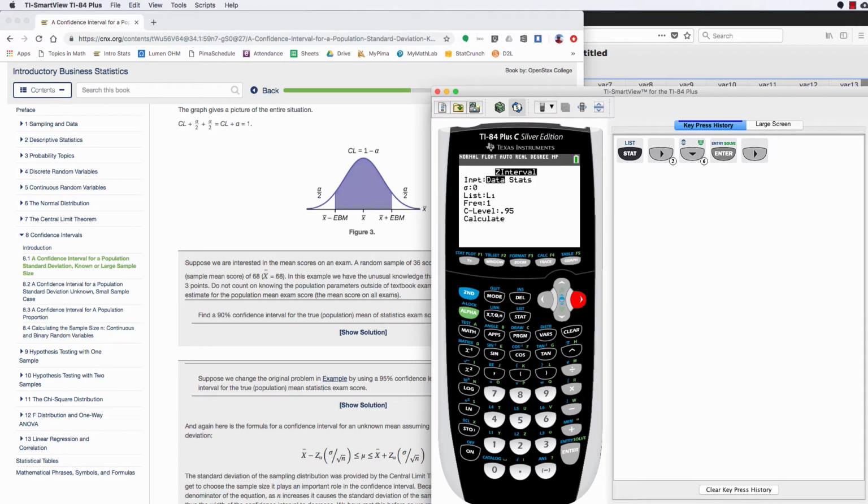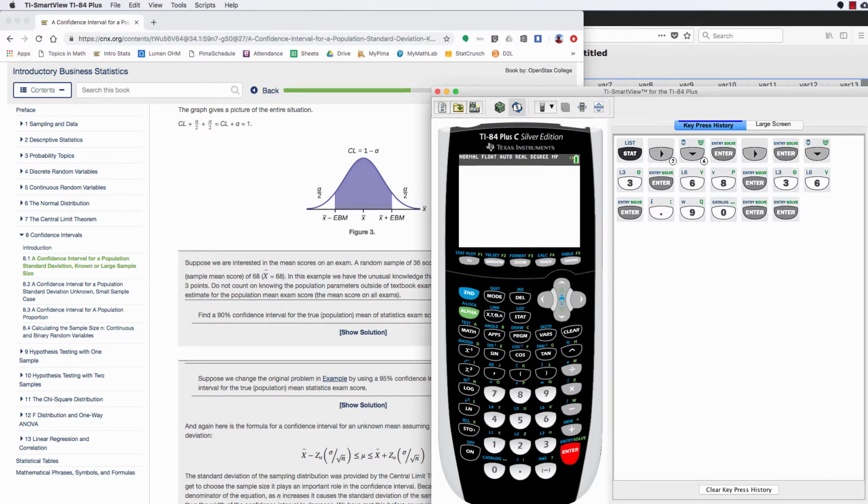We don't have data for this. We know the standard deviation is 3. We know the mean is 68. We know the sample size, or n, is equal to 36. And we're going to calculate a 90% confidence interval.